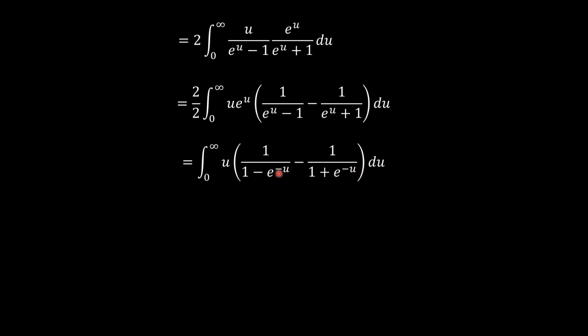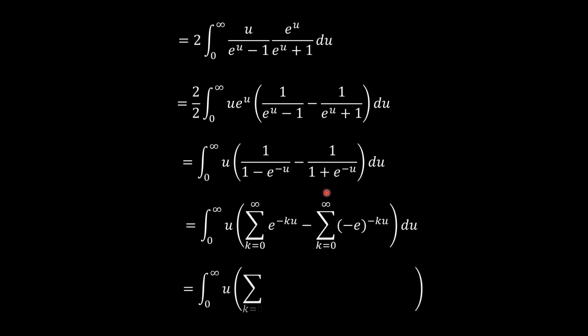Now what is very obvious here is that we do have a geometric progression that is really standing out. So these are geometric progressions to infinity with a common ratio, e to the power negative u, and here negative e to the power negative u.